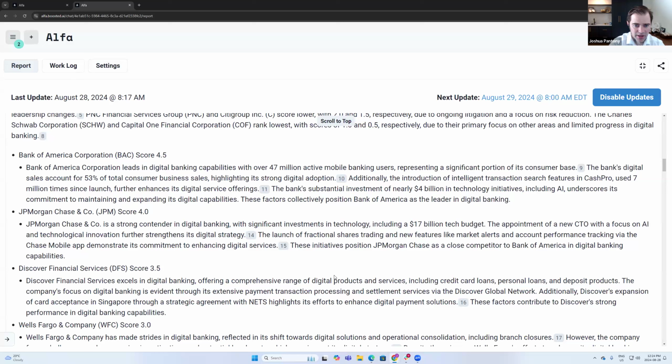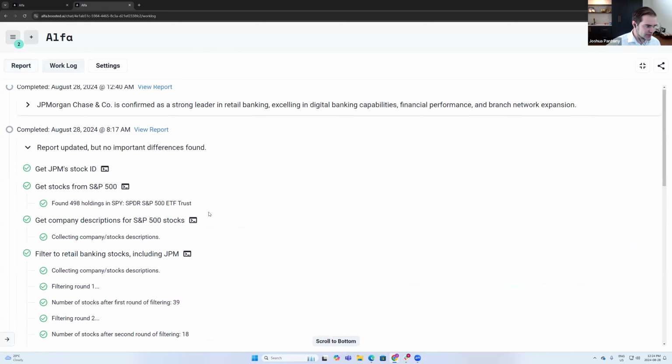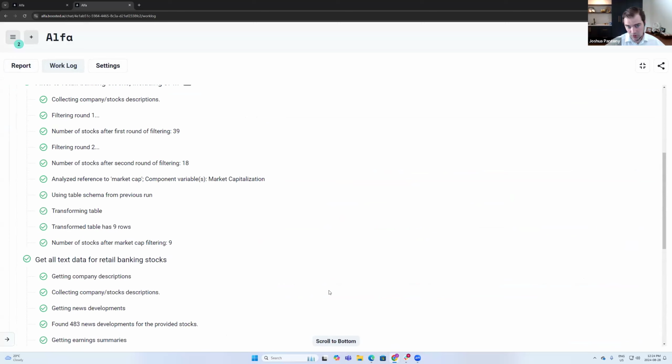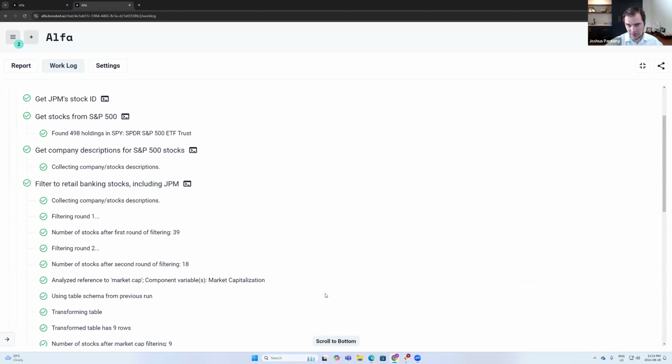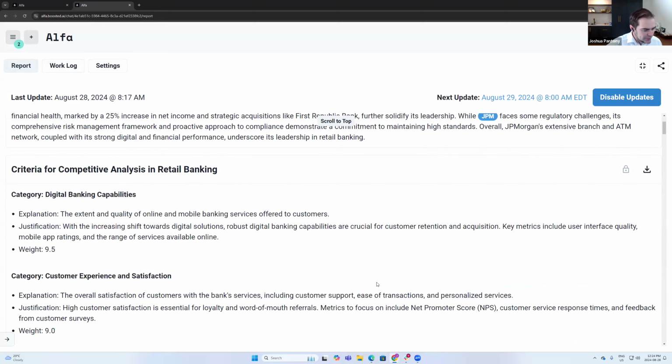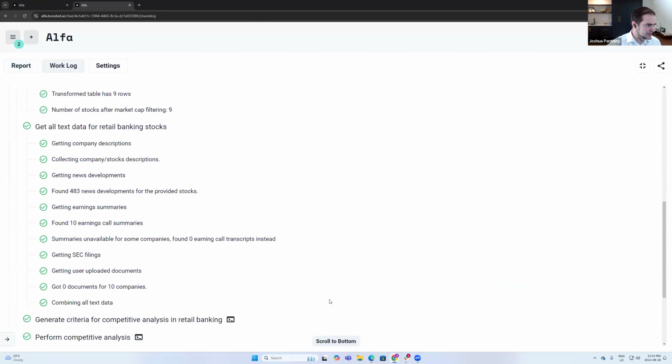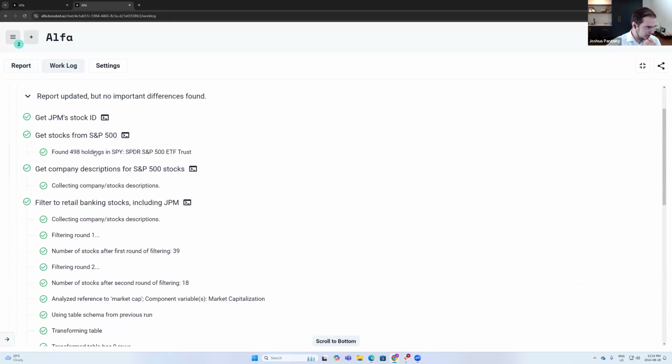So the way the technology works behind the scenes is we have a system that is understanding the context of the conversation. We have another system that is taking the context of the conversation and building these long-range plans that you can, again, audit, modify, change, and interact with. And then after it's come up with its sequence of steps that it wants to do, for this example, it's looking at JPM.